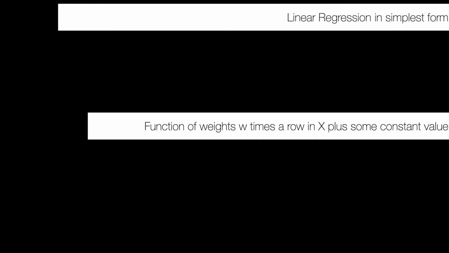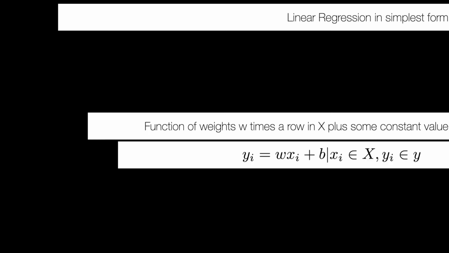For now, let's just pretend that that fruit label column of 1s and 2s were not categories, but in fact scores, like how much of a strawberry something might be, or what the degree of strawberry quality might be. So here we can say these feature weights times these columns of X plus some constant value allows us to predict that fruit label.